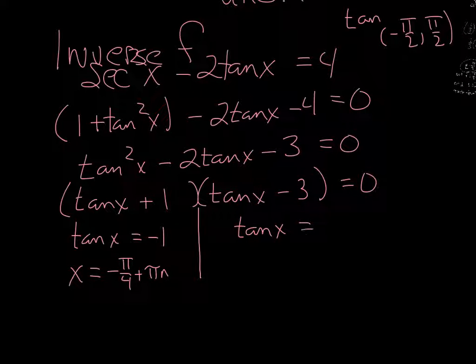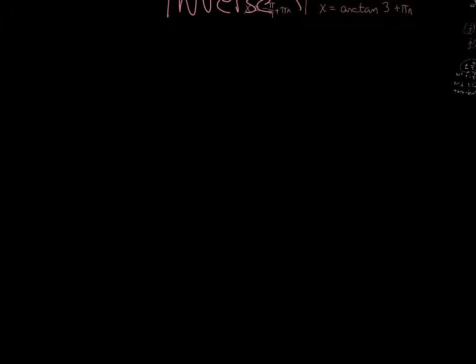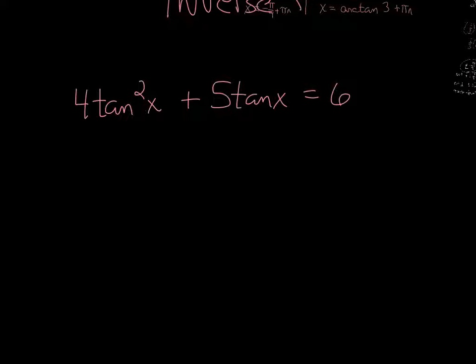All right, now, do we know an angle whose tangent is 3? I don't. So this we can rewrite as x equals the arctan of 3 plus pi n. All right, let's say we have 4 times the tangent squared of x plus 5 times the tangent of x equals 6. So first thing, we'll just move our 6.